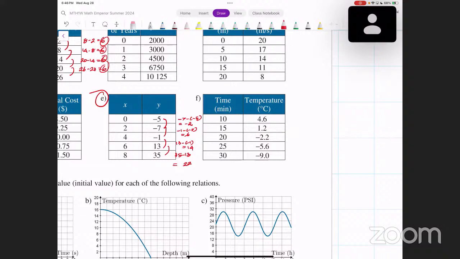Which one did I not do correctly? -7 minus 5, -2. -1 minus 7, 13 minus -1, 14. 35 minus 13, 22. Which one?